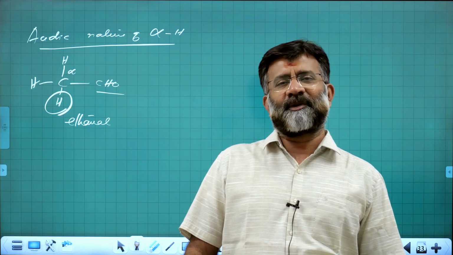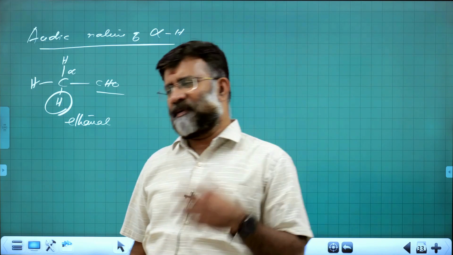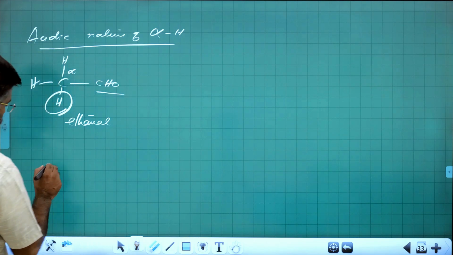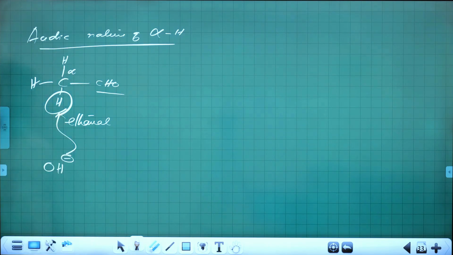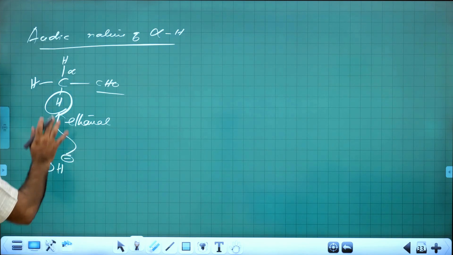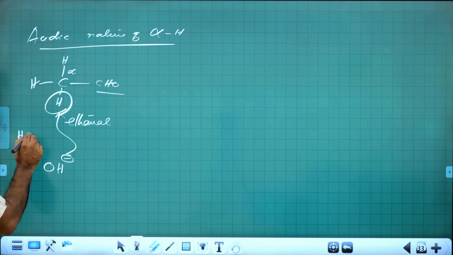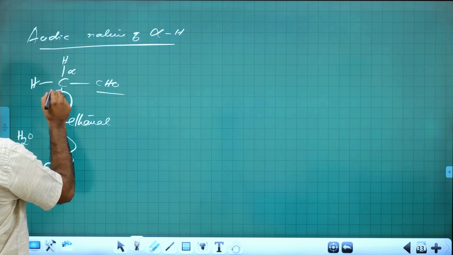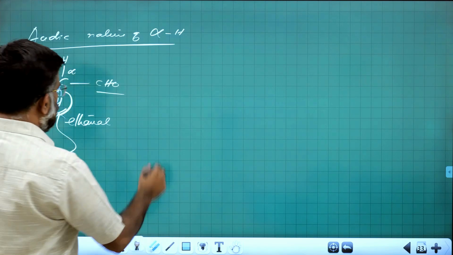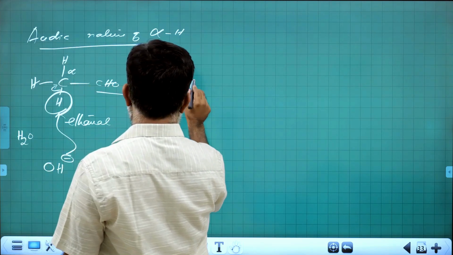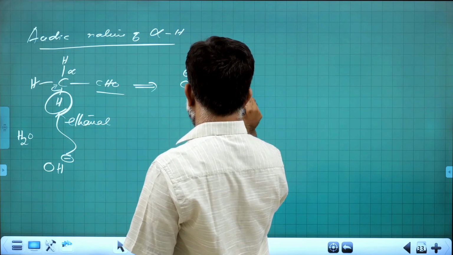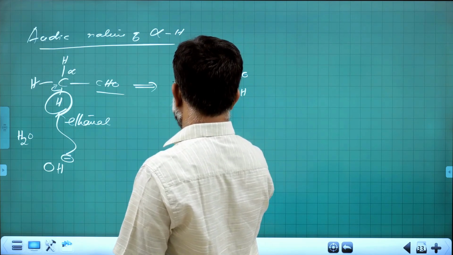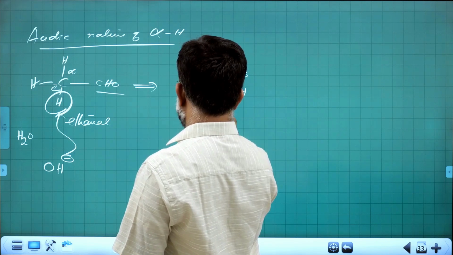How is it able to have some acidic character? Very simple logic. It may be attacked by a base comfortably. OH minus with H plus will turn into water, and this electron pair will shift to carbon, and you get CH2 minus, a carbanion.